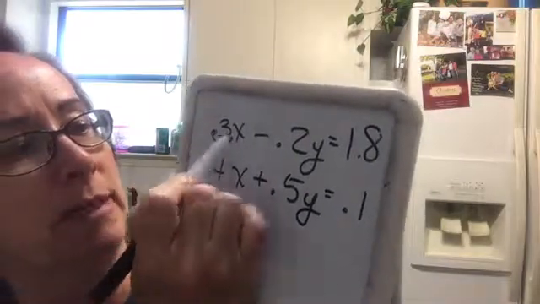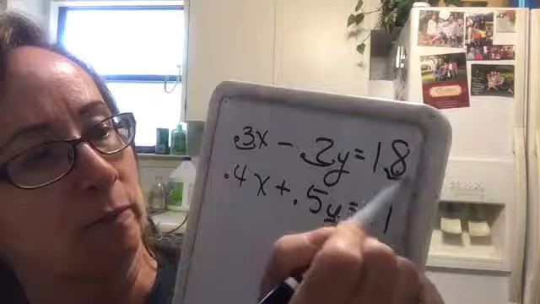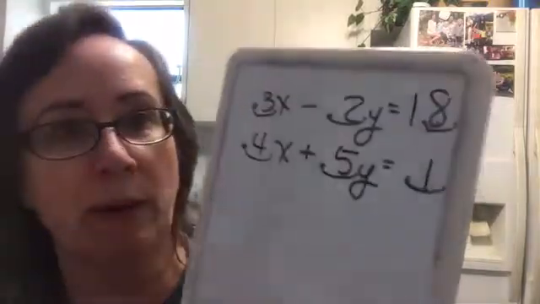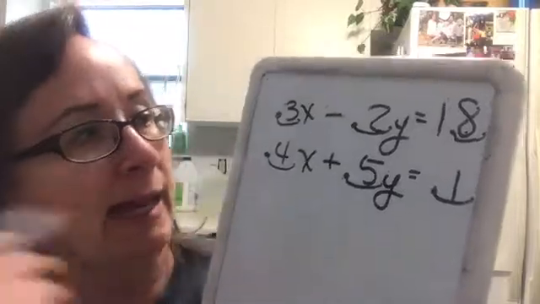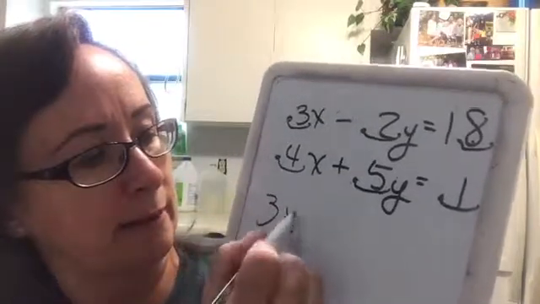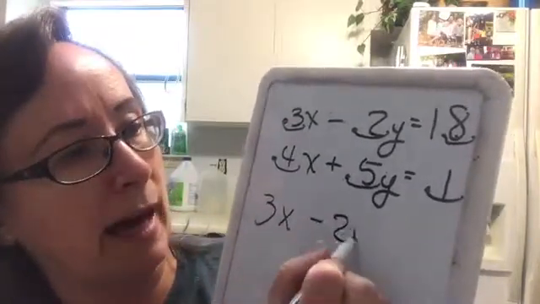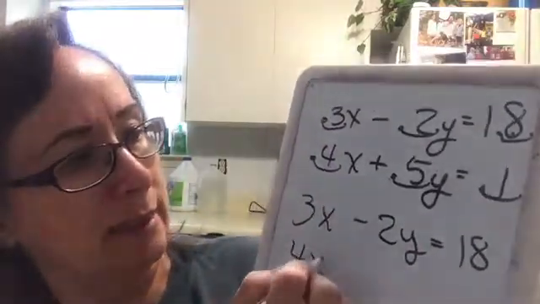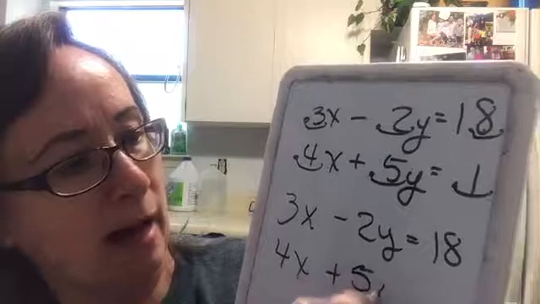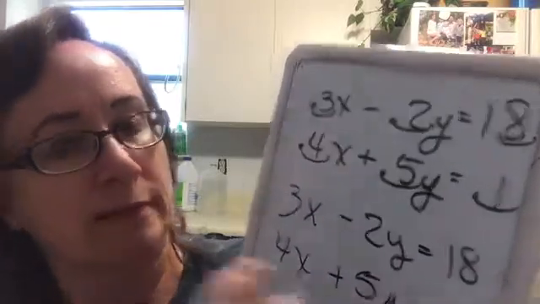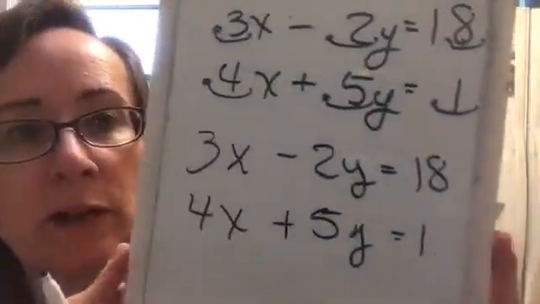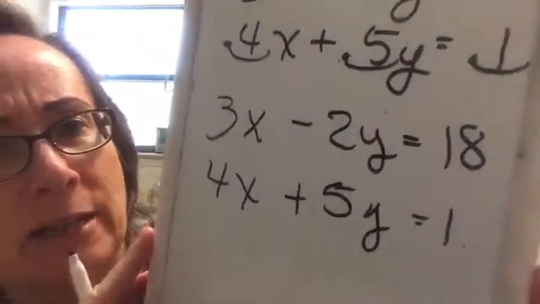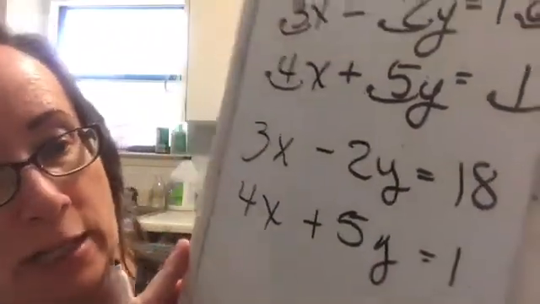I'm multiplying both equations by 10, and now I have 3x minus 2y is 18, and 4x plus 5y is 1. Oh, so much easier to look at. No decimals, okay? So clear out your decimals just like you want to clear out your fractions.